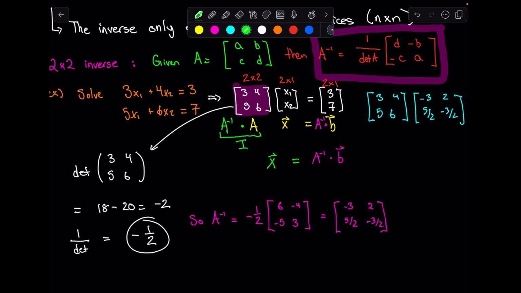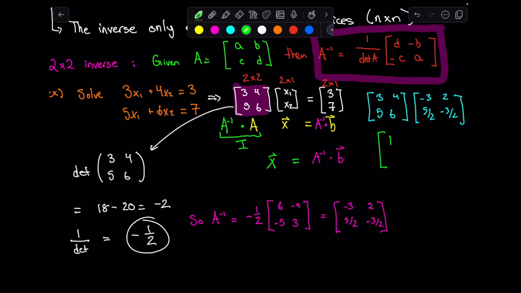Okay, so if we do the first row times the first column, we're going to get negative 9, and then 4 times 5 over 2 is 20 over 2, that's 10. So we'll have negative 9 plus 10, so that's going to give us a 1 here.